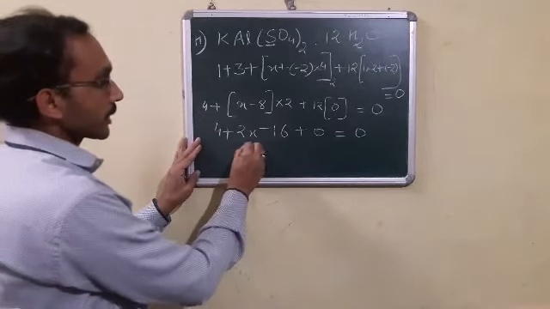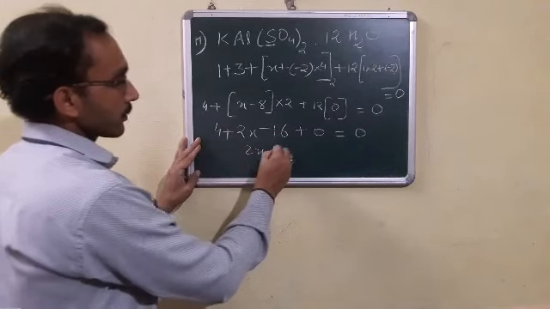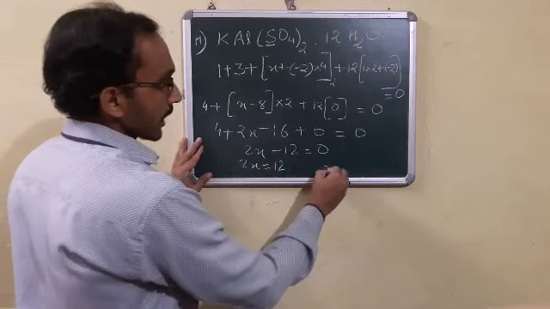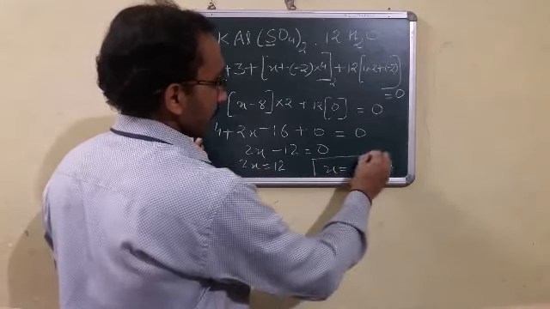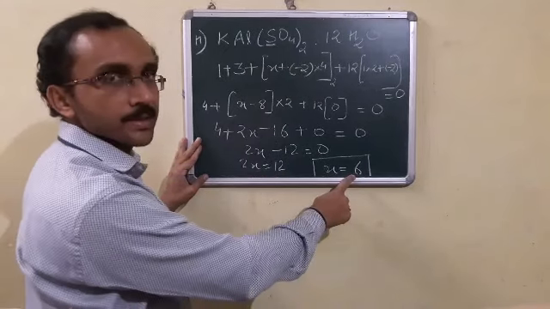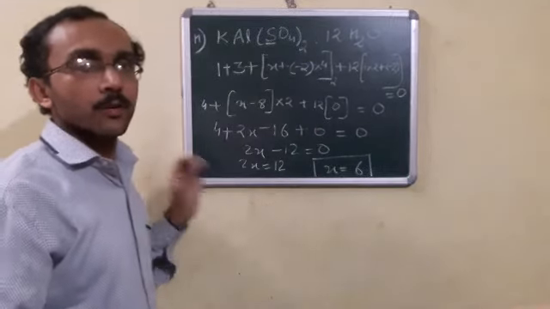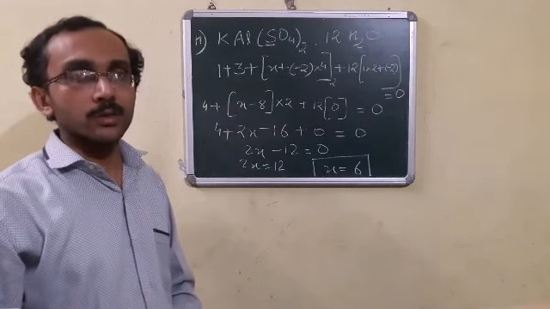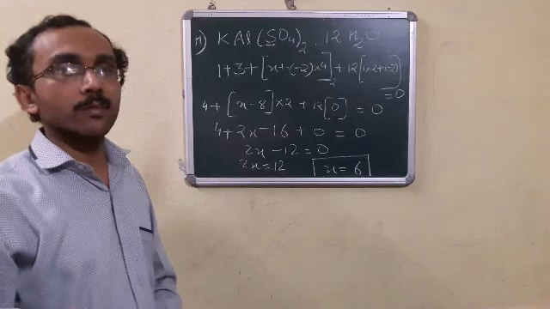Now when we calculate it, 2X minus 16 plus 4 minus 12 is equal to 0. That is 2X is equal to 12. X will be +6. That means in this compound the oxidation number of sulfur will be +6. Hence, I hope that you understood how to calculate the oxidation number and what are the different rules by which we can find the oxidation number of an element.